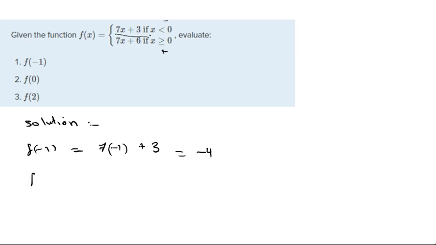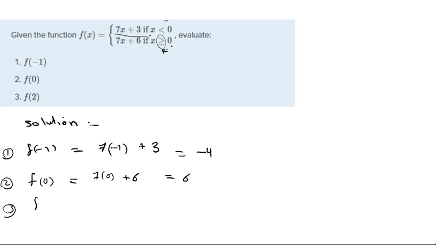Find f of 0. F of 0 follows this one because we have here x greater than or equal to 0, so it is 7 multiplied by 0 plus 6, which equals 6 exactly.